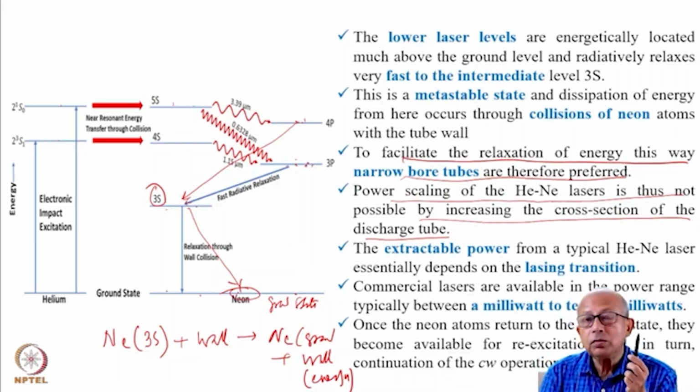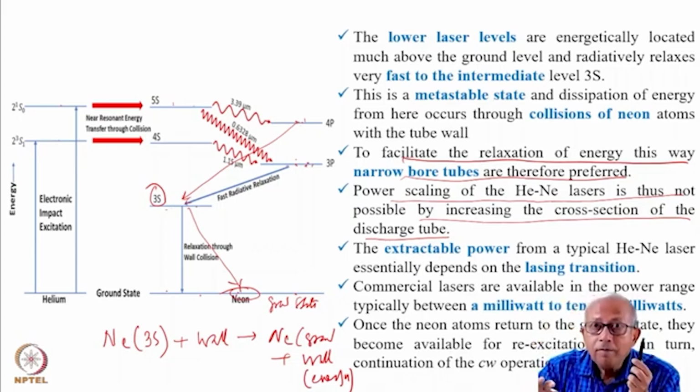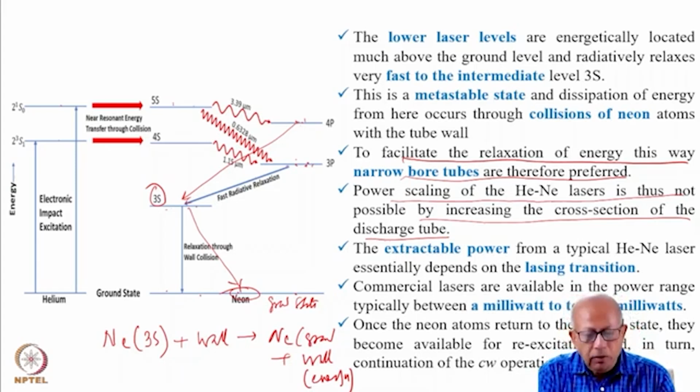If the discharge has to be sustained continuously with glow, then the operating pressure must be very low. You already know the reason, so I am not elaborating this again. So the laser has to be operated at low pressure. You cannot increase the power of the laser by increasing the operating pressure.